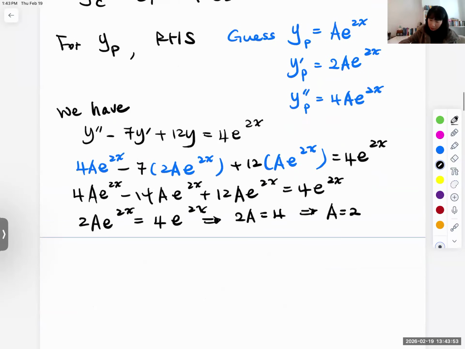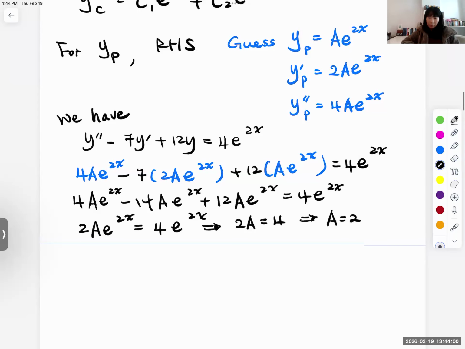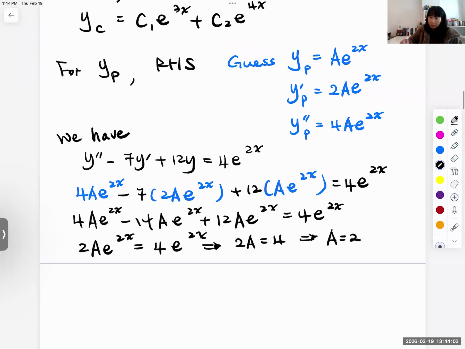Now, that's it. I need space. Then what do we have for the particular solution? a e to the 2x, and then a equal to 2, so 2e to the 2x. Yeah.